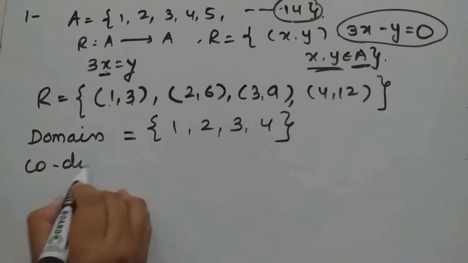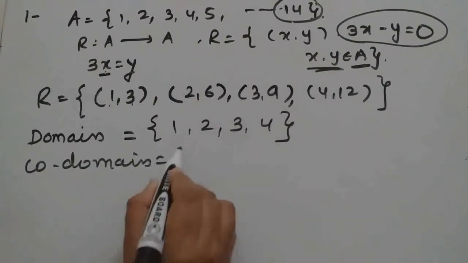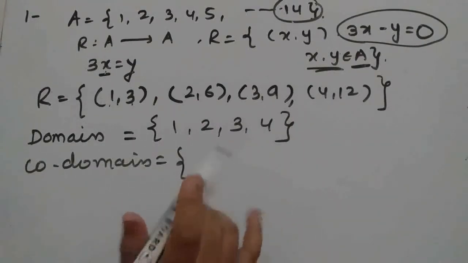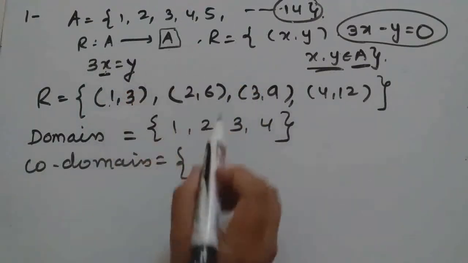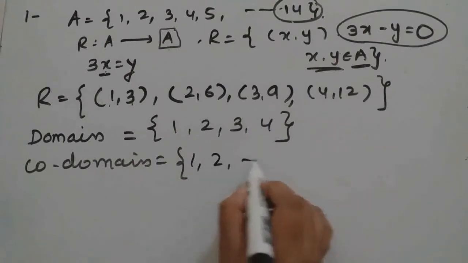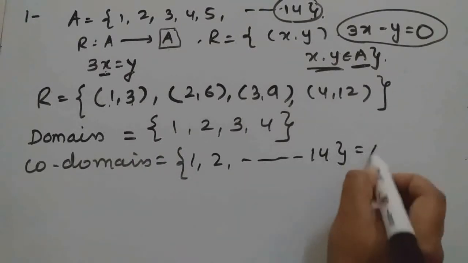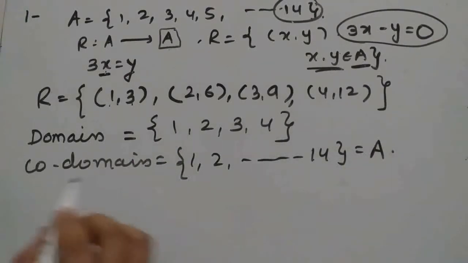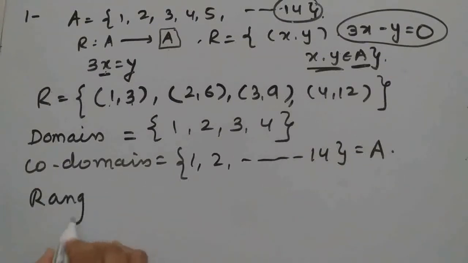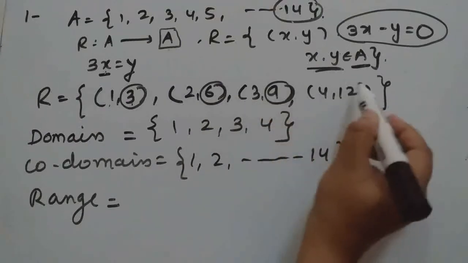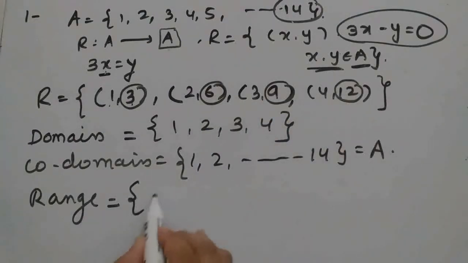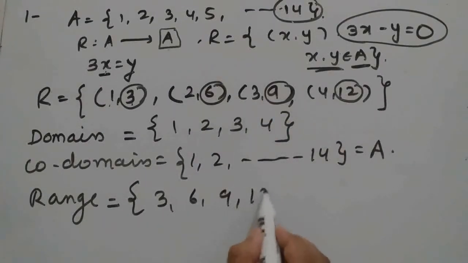Codomain will be the whole set B. Whole set B means here the second set, so the second set is A. So this will be 1 to 14, or you can write A also. Okay, and what will the range be? The range is the second elements of R. So 3, 6, 9 and 12.